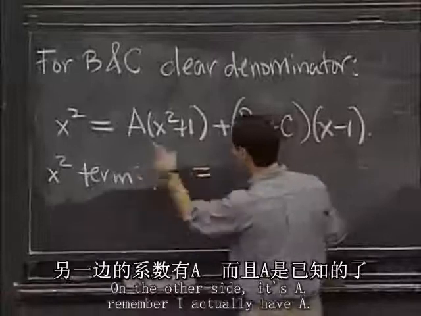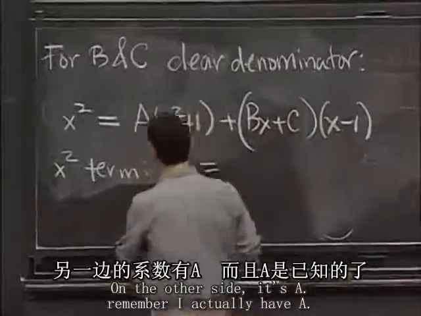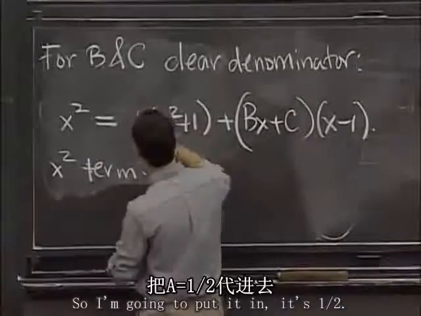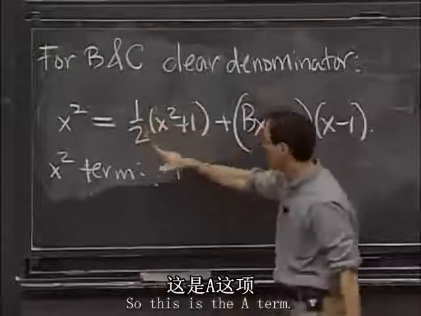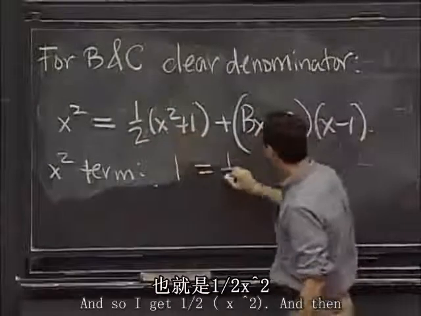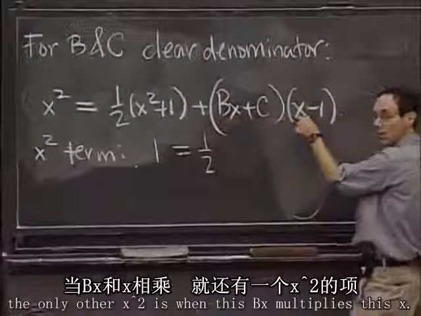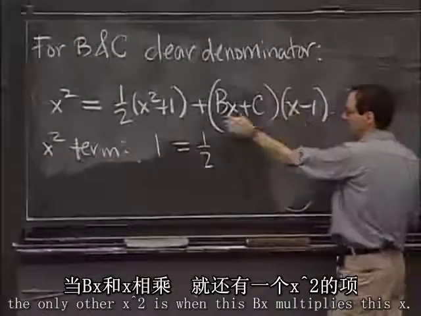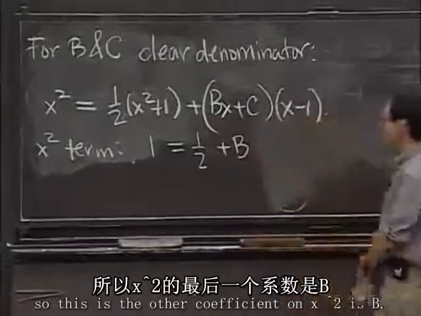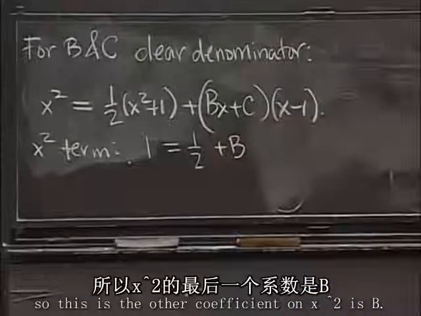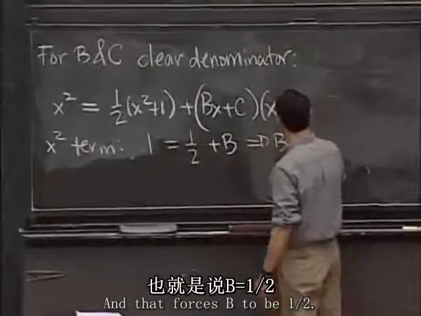On the other side, it's A, but remember, I actually have A. So I'm going to put it in, it's a half. All right, so this is the A term. And so I get a half times x squared. And then the only other x squared is when this Bx multiplies this x. So Bx times x is Bx squared, so the other coefficient on x squared is B. And that forces B to be a half.